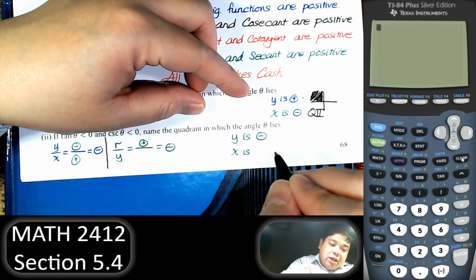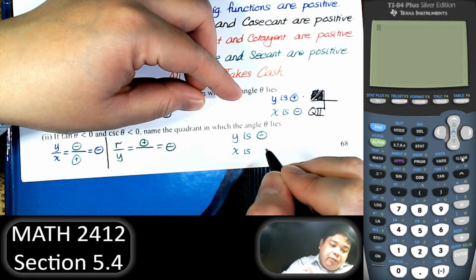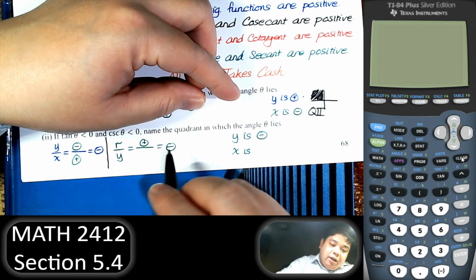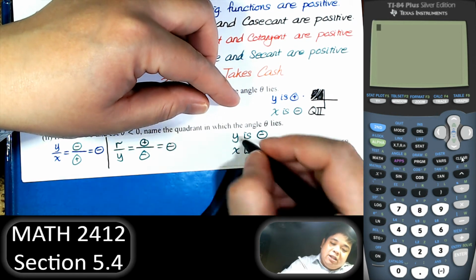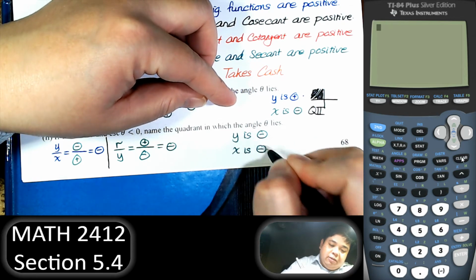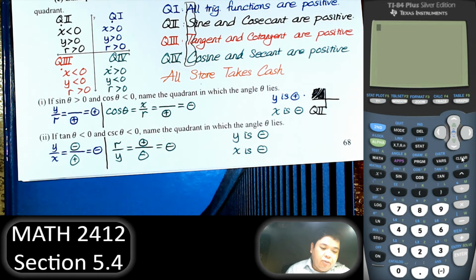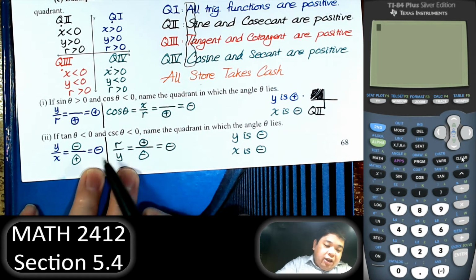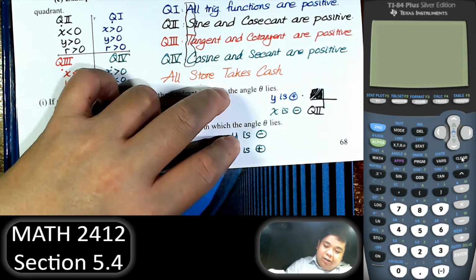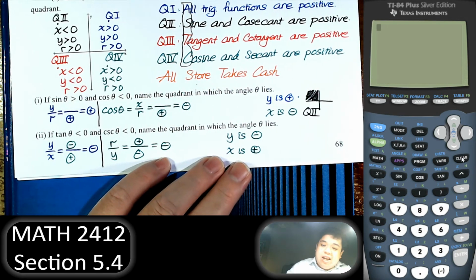So y is negative. Sorry. Y is negative and x is positive. So what quadrant is that?